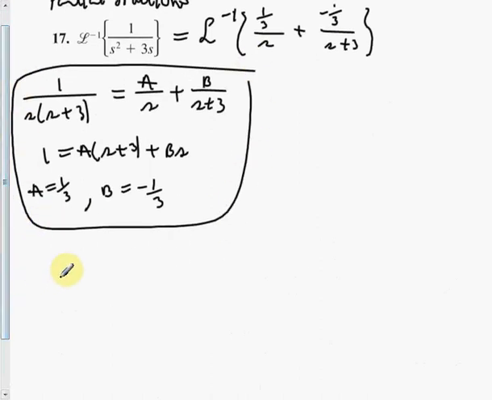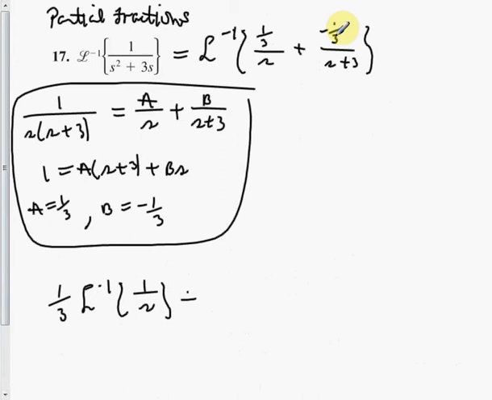So we can write that as 1/3 times the inverse transform of 1 over s, minus 1/3 times the inverse transform of 1 over s plus 3.